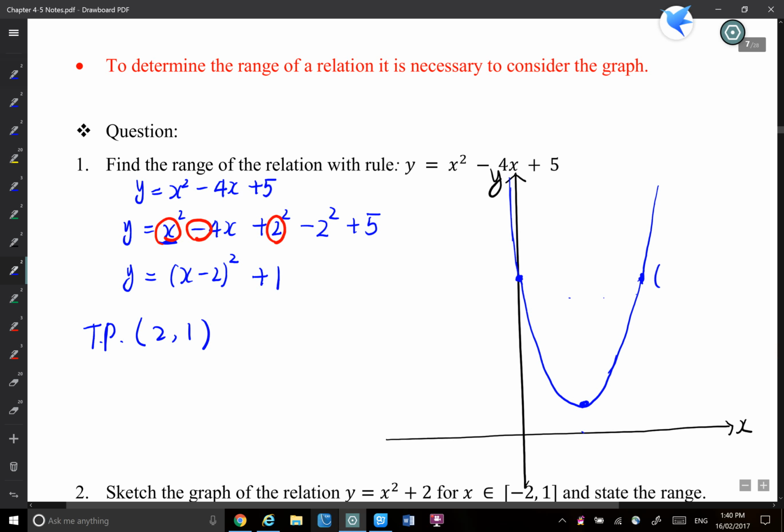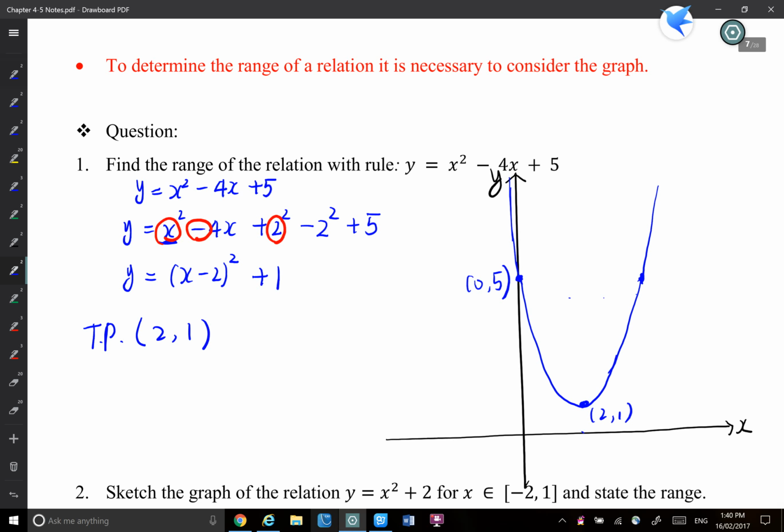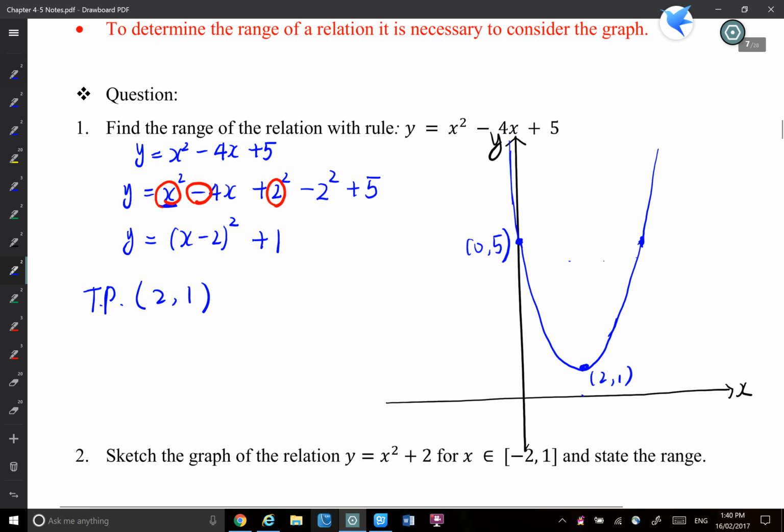Okay, that's the graph. I need to label those 2 points because one is the y-intercept and one is the turning point.